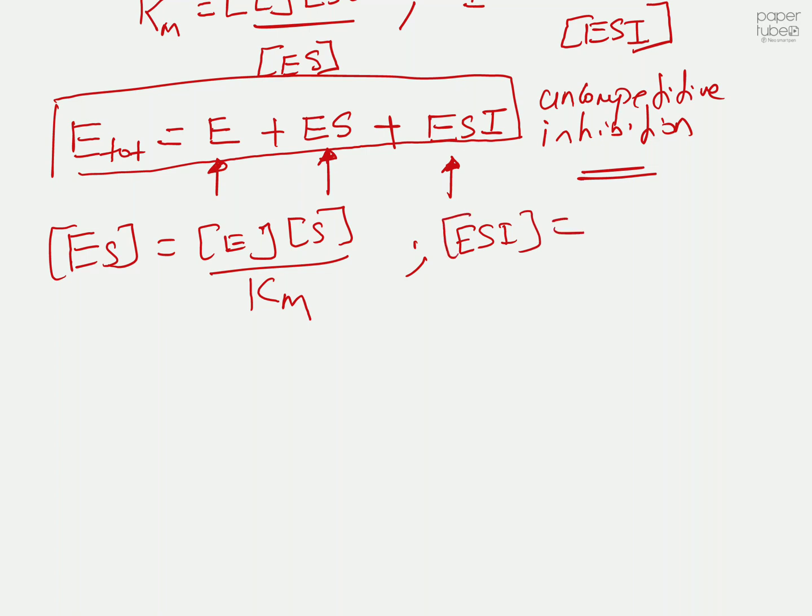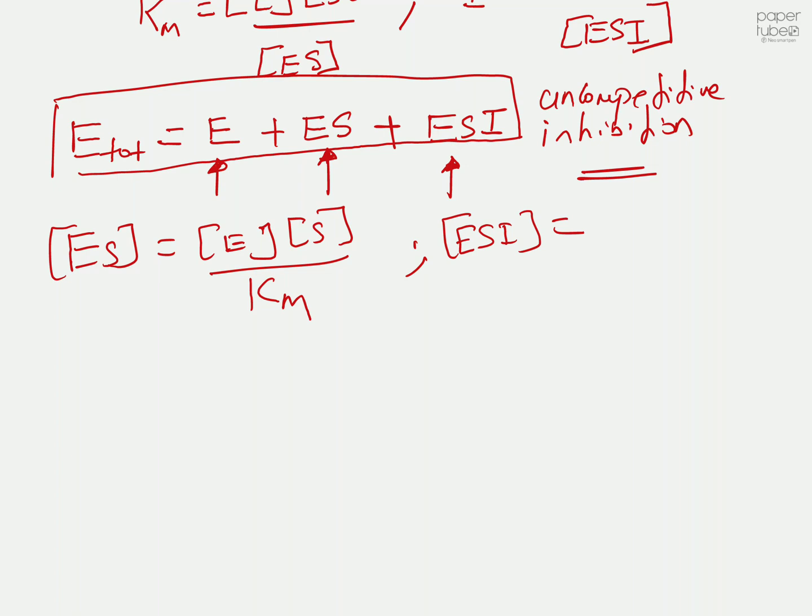We need to eliminate these parameters because we can't measure these values. We cannot measure the concentration of enzyme substrate inhibitor complex at a given time t. We don't know. So that's why we will try to eliminate these parameters.